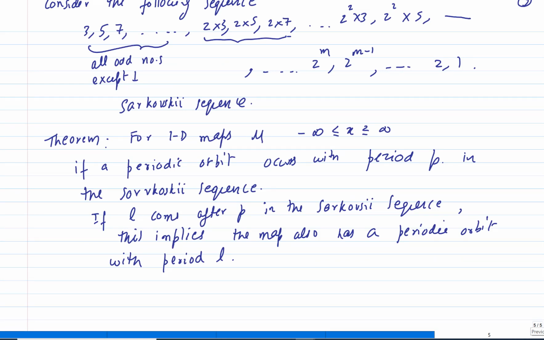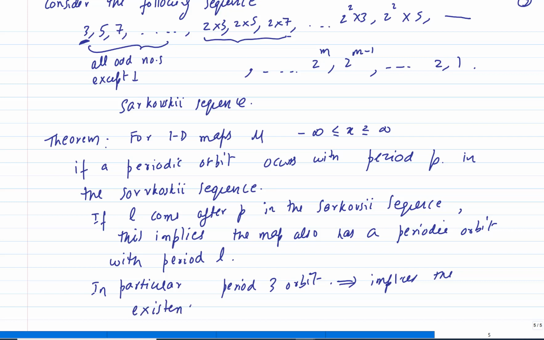So in particular, a period 3 orbit, as it occurs as the first in the sequence, implies the existence of periodic orbits of all integers.